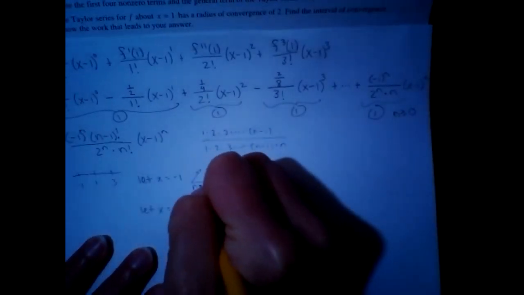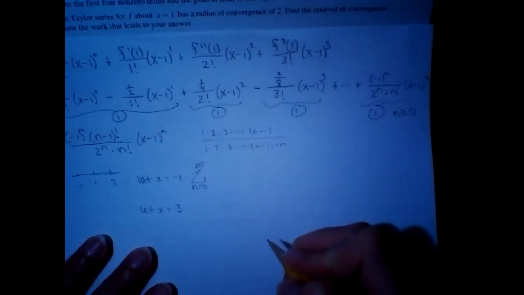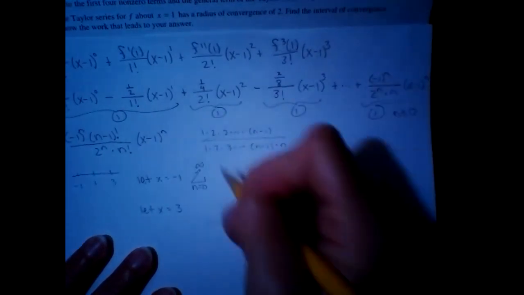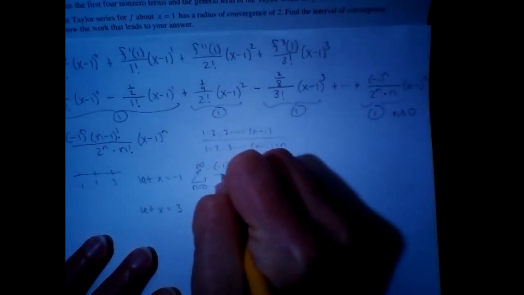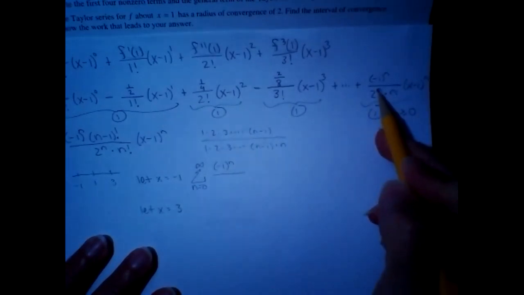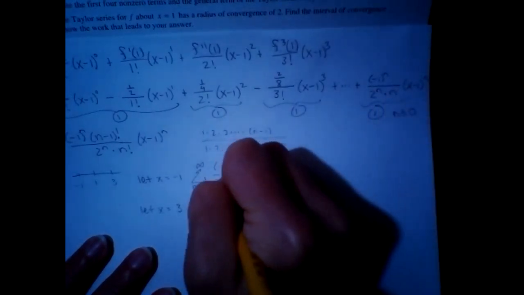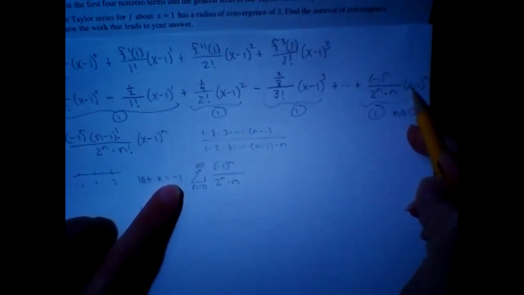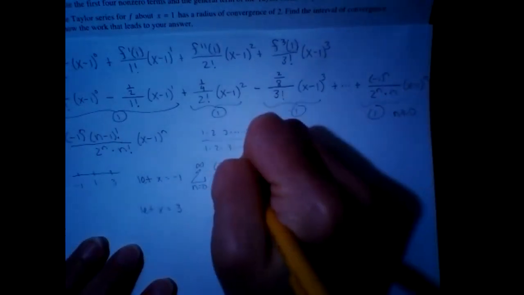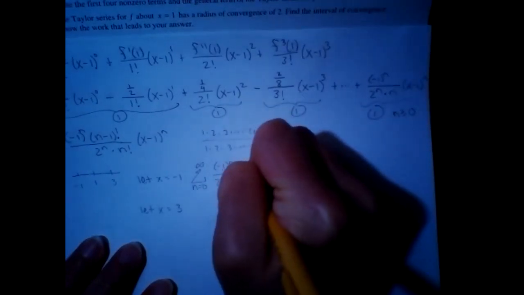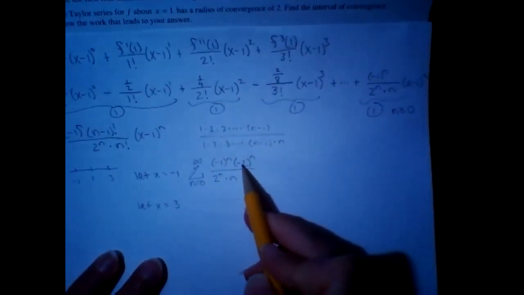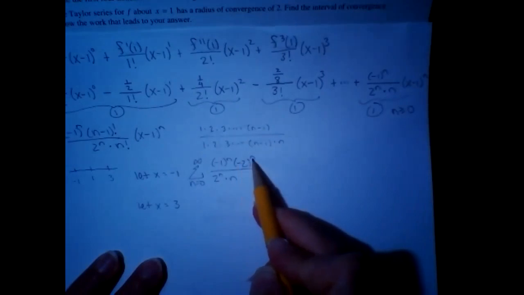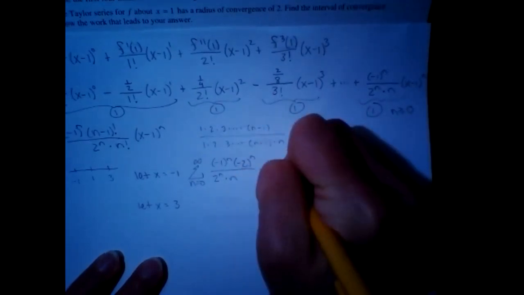All right, so if we let x equal -1, this is going to be the sum from 0 to infinity of -1 to the nth over 2 to the nth times n. And then again, we're plugging in -1 for x, so that'll be -2 to the nth. So what's going to happen there is this would be -1 to the nth times 2 to the nth if you wanted to separate that.